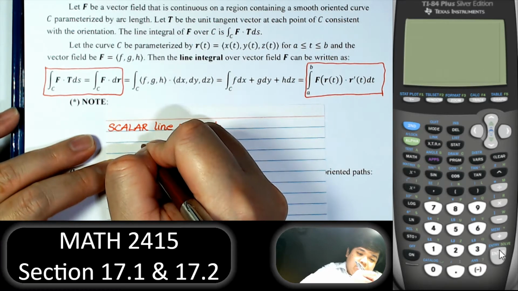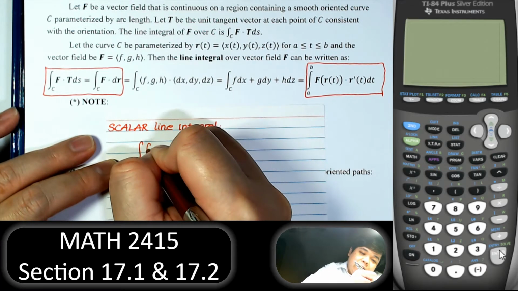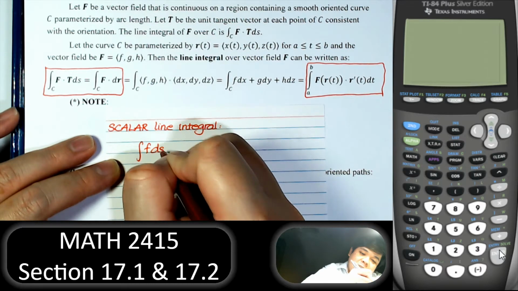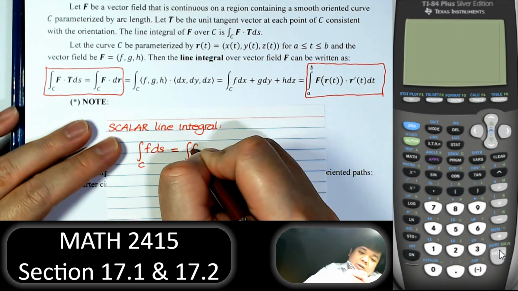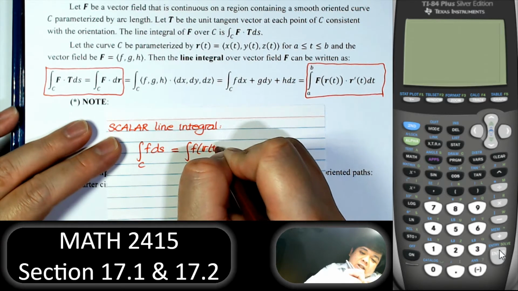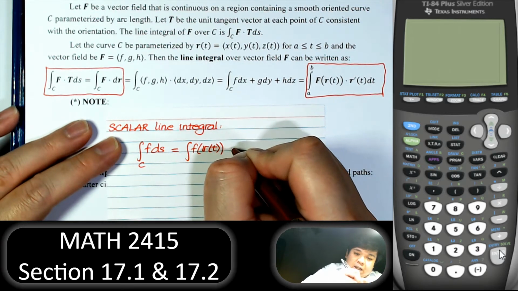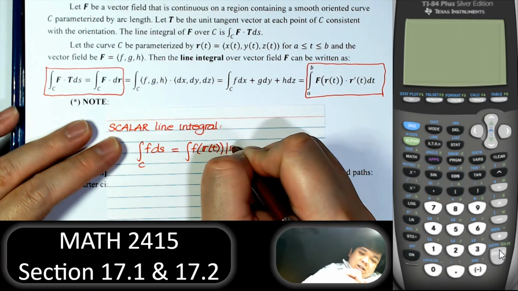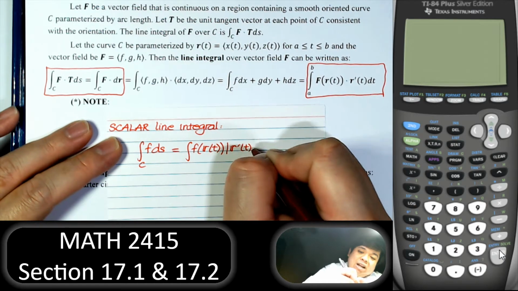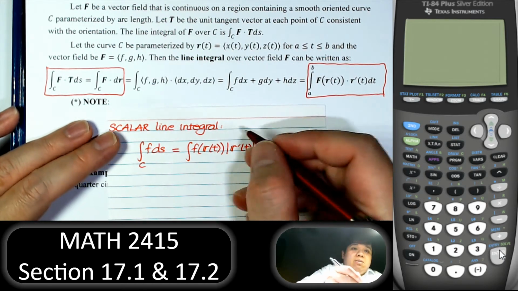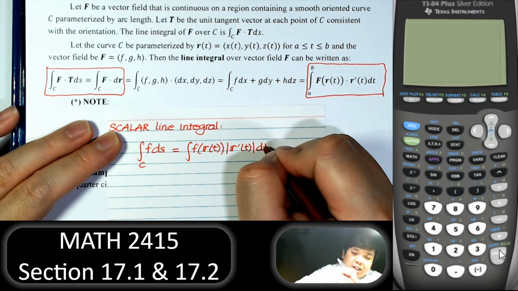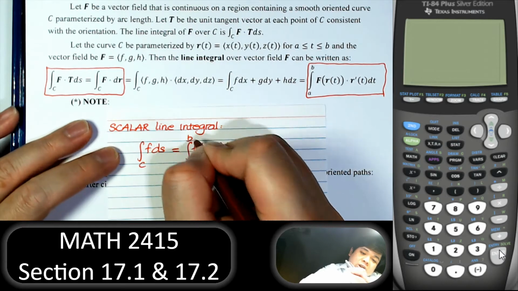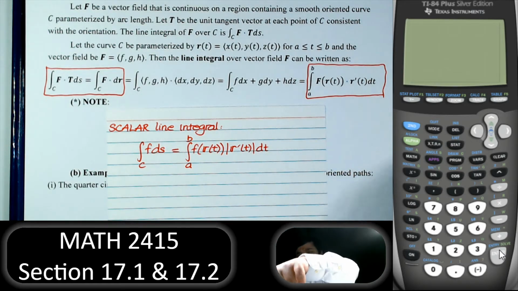We have the integral of f ds, which is the integral of the function in terms of t, and ds is the magnitude of the derivative of the parameterization, dt, going from a to b. So this is the scalar integral.